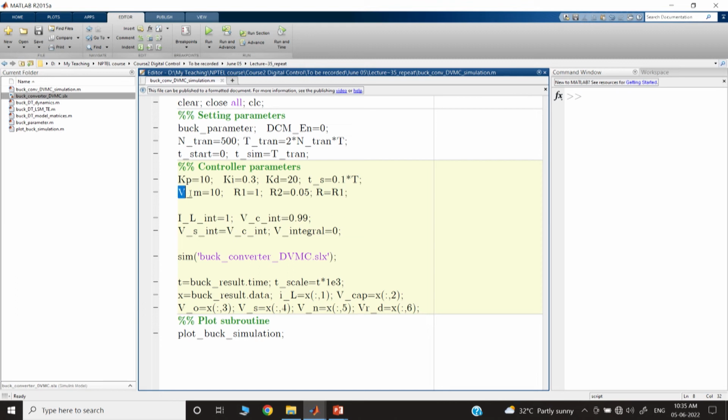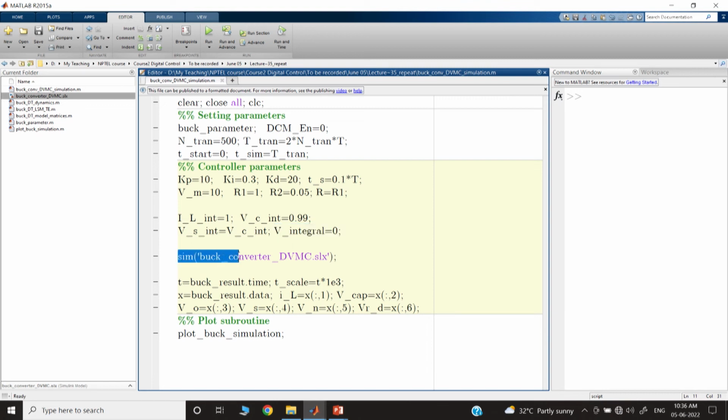And the ramp voltage peak magnitude we have taken as 10 volts, initial resistance 1 ohm, then the final resistance 0.05. Then we are initializing the inductor current and the capacitor voltage, and then we are initializing the sample value the same as the initial capacitor voltage, and the integral term initial condition we are setting to 0.